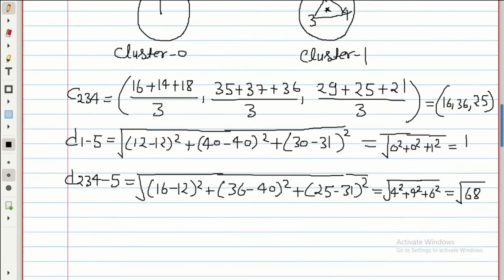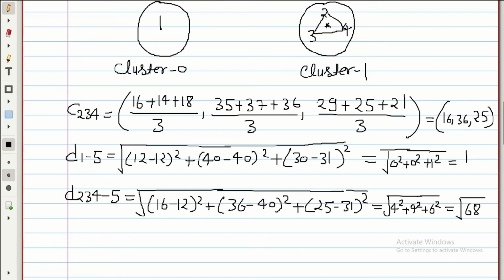Now in this case you can see that D1 to 5 is less than D of 2, 3, 4 to 5. It means that instance number 5 will belong to cluster 0.